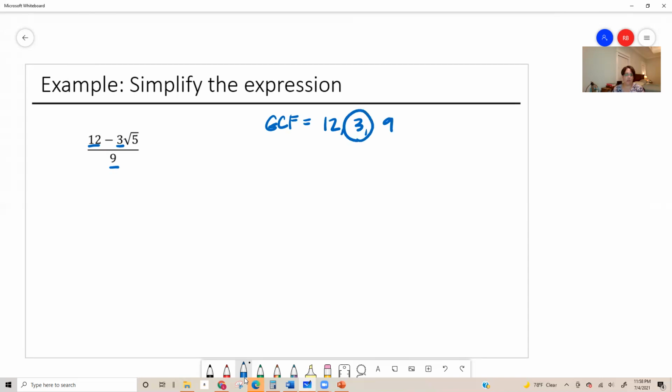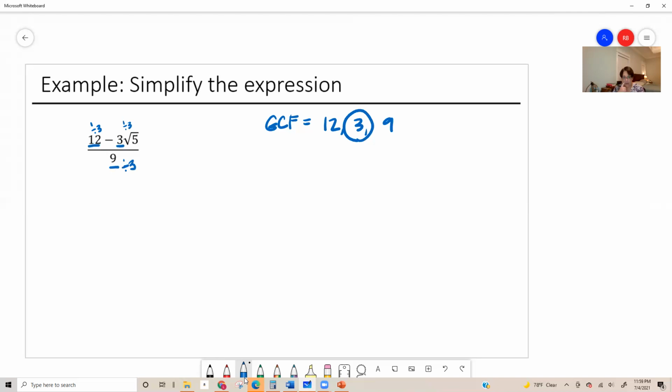That's the greatest common factor. So what I'm going to do is I am going to divide each term by 3. So you can, if you need to, say divided by 3, divided by 3, divided by 3.